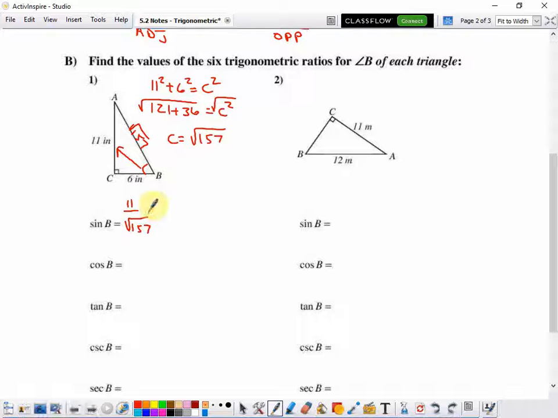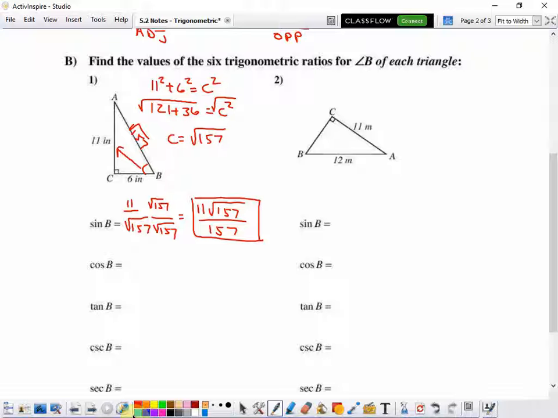So we're going to multiply top and bottom both by the square root of 157. So that's going to give us 11 times the square root of 157 over 157. So that is the value of the sine ratio.